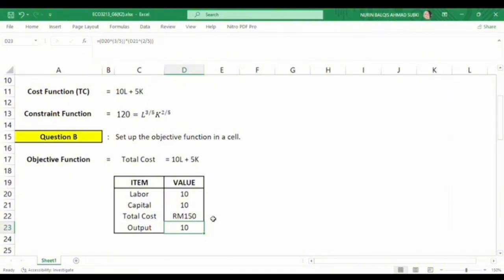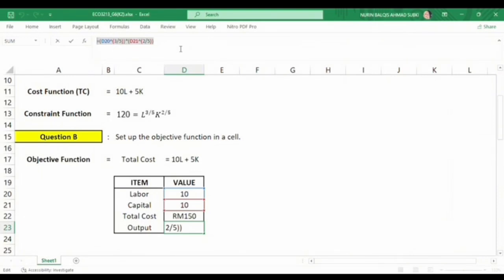To ensure that the firm produces the required output, we also enter the production function in cell D23 using the formula. In this formula, D20 represents labor input L, D21 represents capital input K, the exponent 3/5 measures labor's contribution to production, and the exponent 2/5 measures capital's contribution to production.